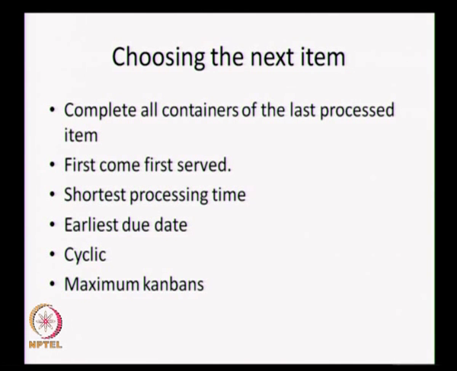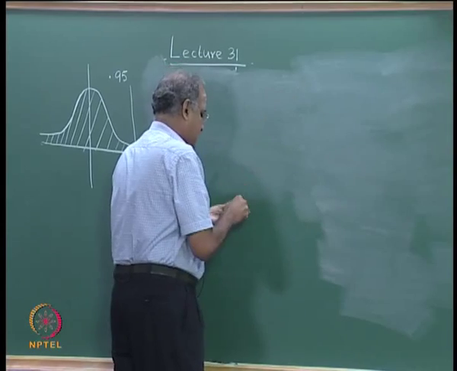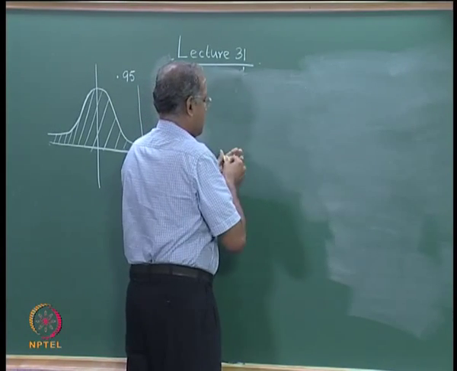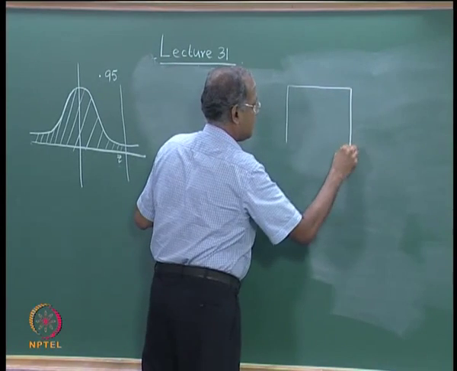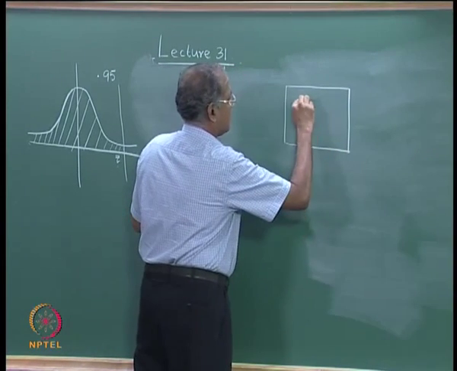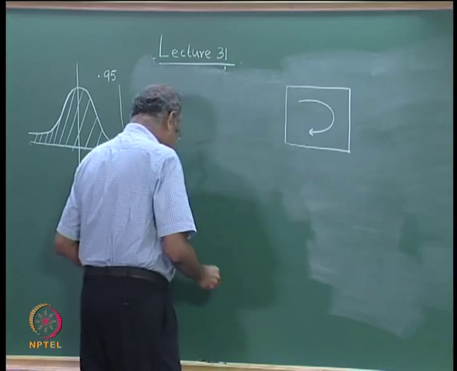Now, we described in an earlier lecture that the manufacturing cell could be like this, following unidirectional flows.